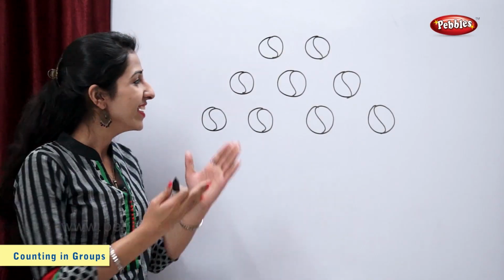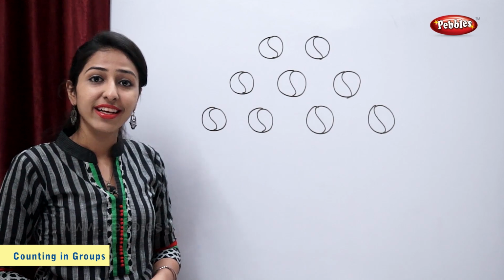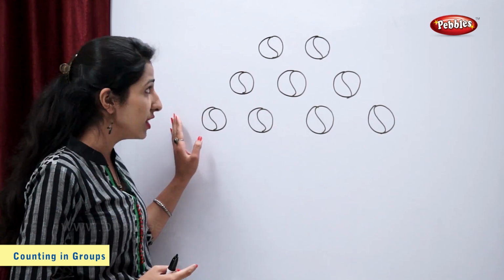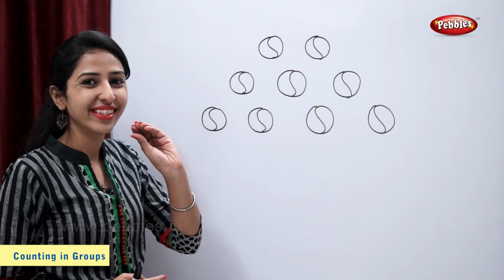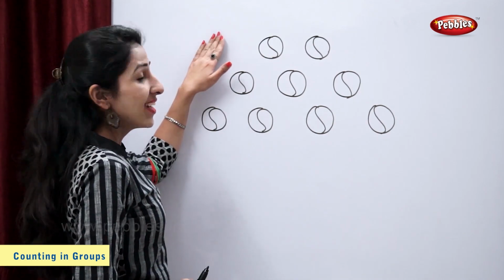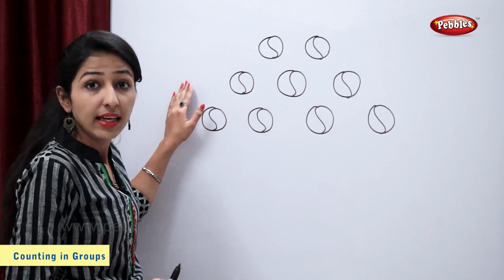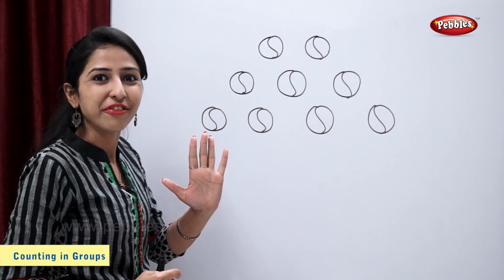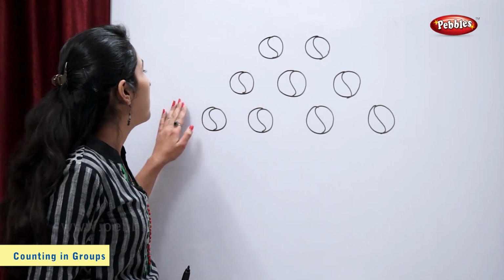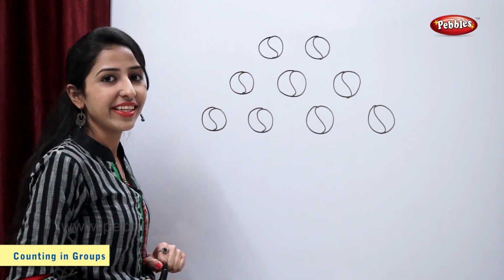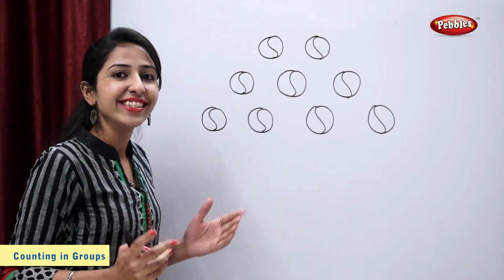Now let's see this example. Let us count number of balls in small groups. 2 plus 3 is equal to 5 and 5 plus 4 is equal to 9.